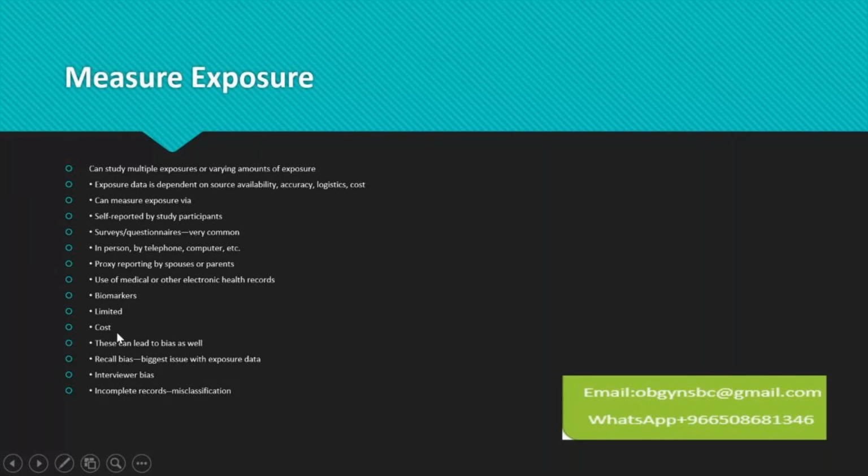If we are giving them money, maybe they will try to produce the results which the researcher is observing. Recall bias is the biggest when the exposure data is collected. There can be interviewer bias as well. And then incomplete records, which will cause misclassification. So misclassification is also going to create bias.